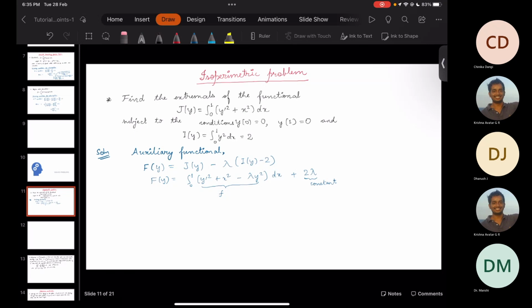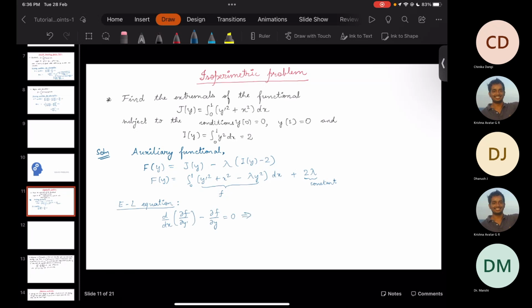The Euler-Lagrange equation is given by d by dx of dou f by dou y prime minus dou f by dou y is equal to 0.